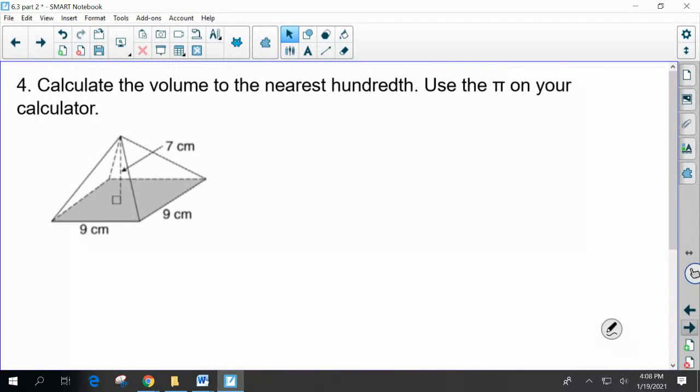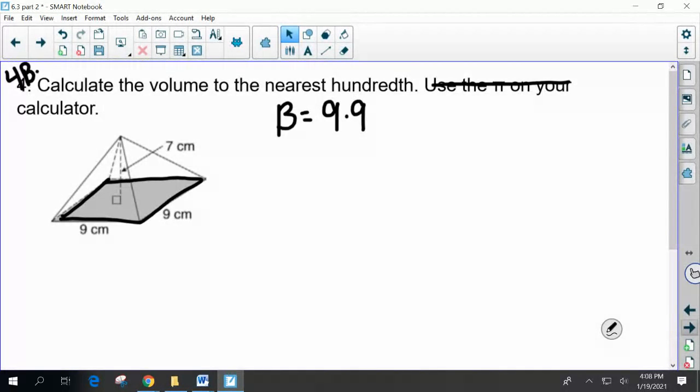Okay, number 4B. Calculate the volume to the nearest hundredth. Use pi on your calculator. Okay, so this is a rectangular pyramid. So in this case, pi is not relevant. Capital B equals length times width. So capital B equals 9 times 9.